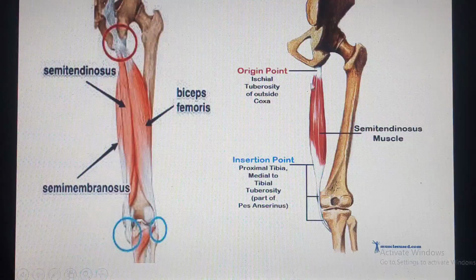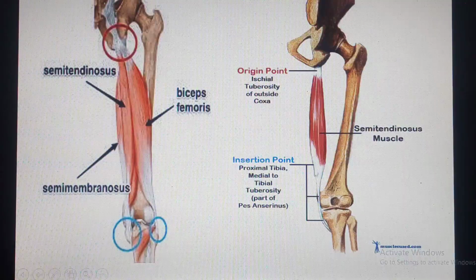So the semitendinosus muscle will originate from the ischial tuberosity. We saw that the long head of biceps femoris also originated from the superior lateral aspect, but this one originates from a bit inferior medial aspect to where the long head of biceps femoris originated.